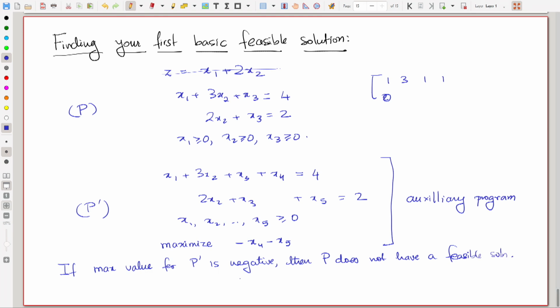If the maximum value for P prime is 0, then you take that feasible solution, it will also be a feasible solution for P. Then any optimal solution for P prime gives a solution for P, because you just ignore those extra variables which are 0.